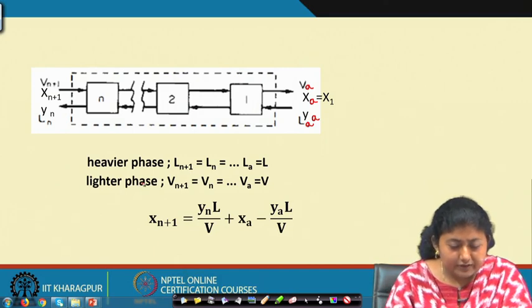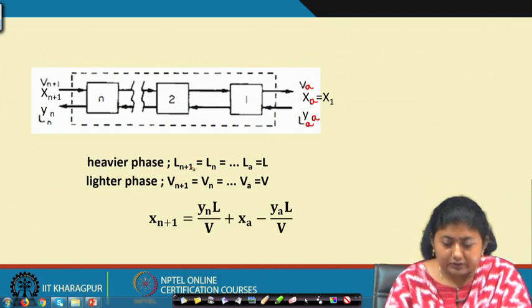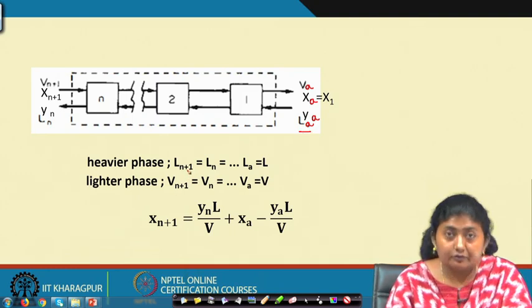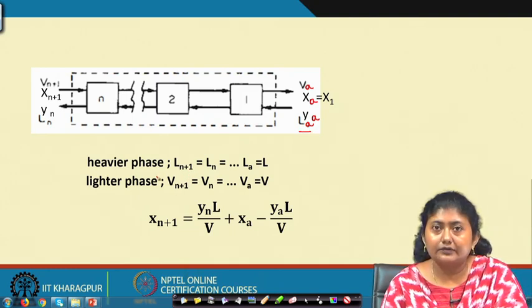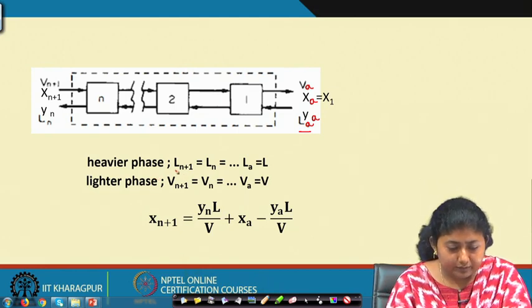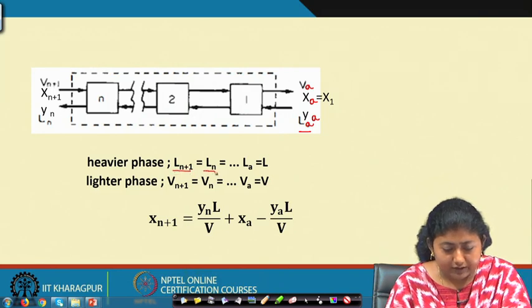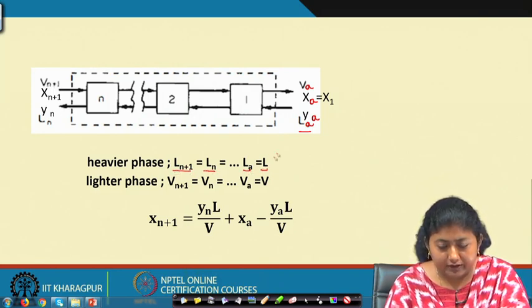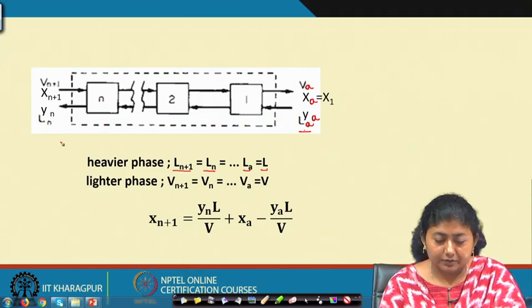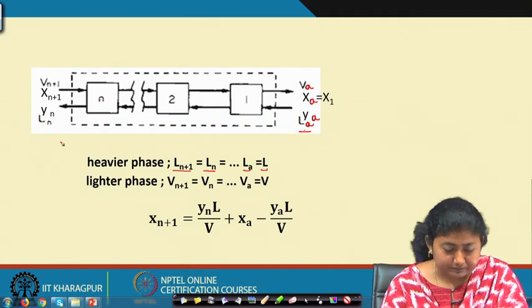So, heavier phase means the feed slurry that entered. So, that is we have assumed same, because this is the condition given that the rate of transfer will be same in each stage, right. So, L n plus 1 is equal to L n, equal to L A, equal to L. So, the stream that is entering in each consecutive stage is the same.